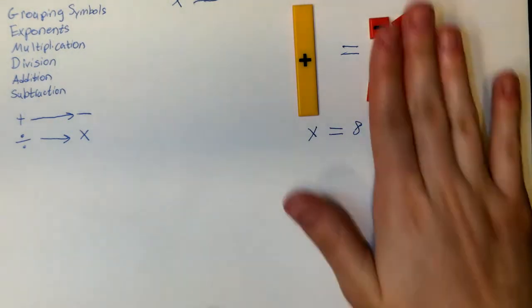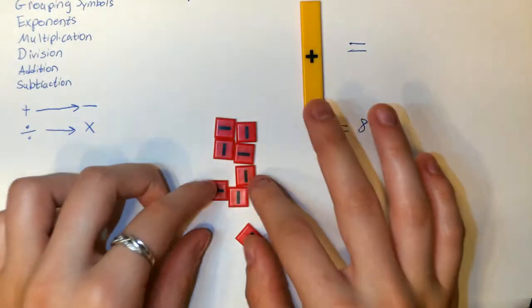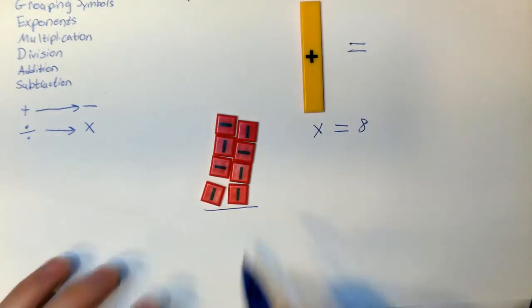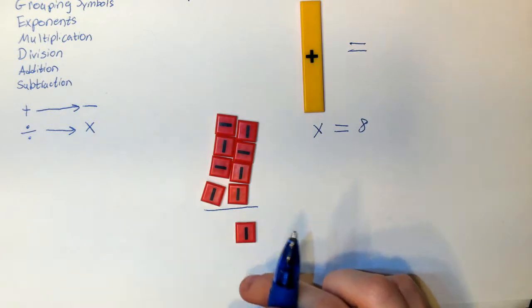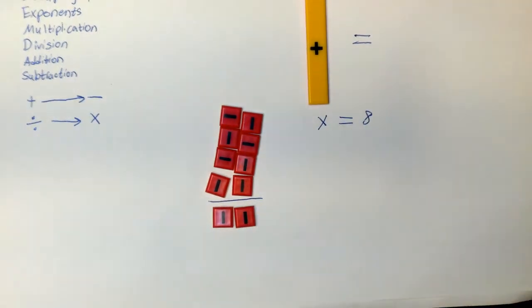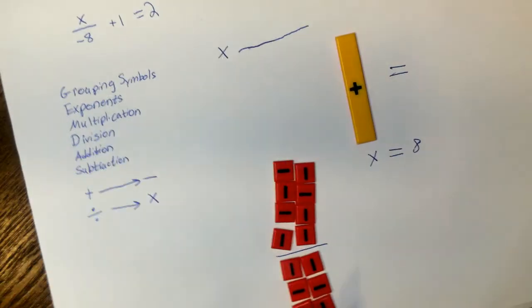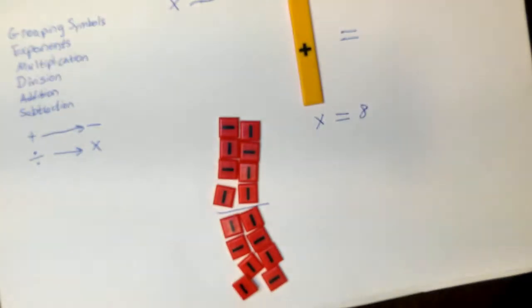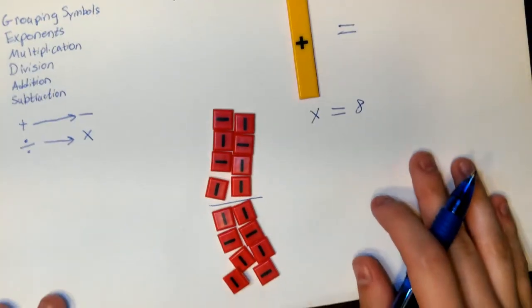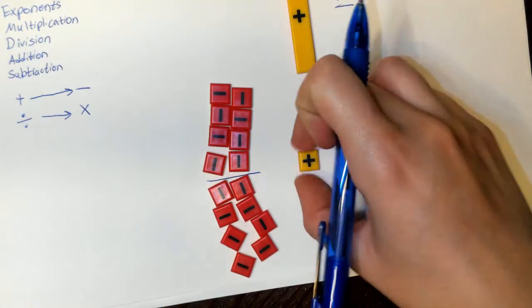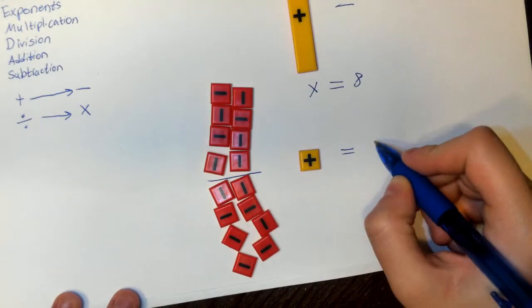If we have negative 8 divided by negative 8, plus 1 is equal to 2.